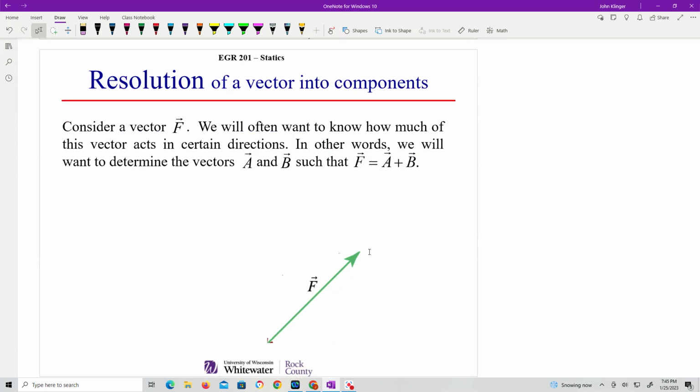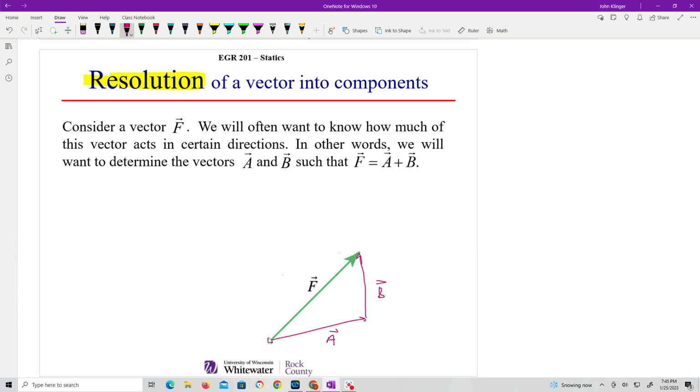Another term you'll hear is resolution or resolve. We'll resolve these vectors into its components, right? So this is saying what vectors add up to F, right? So I could have a vector that goes here and a vector here. This could be vector A, this is vector B, right?